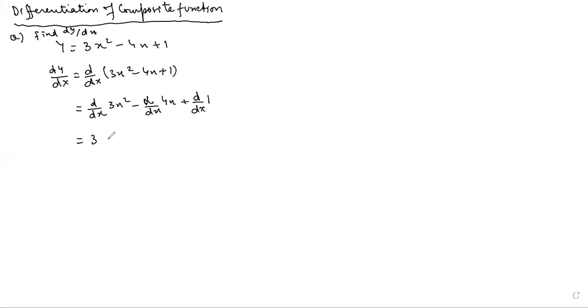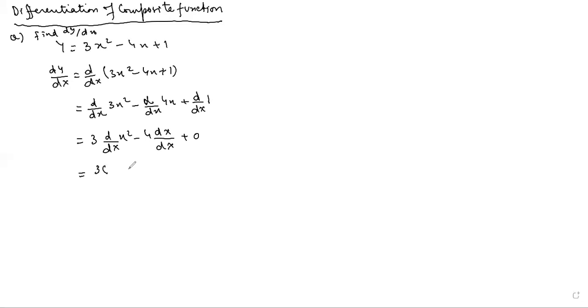Write down the constant term before the derivative, d over dx. We know that the derivative of the constant term is 0. The change in constant is 0.